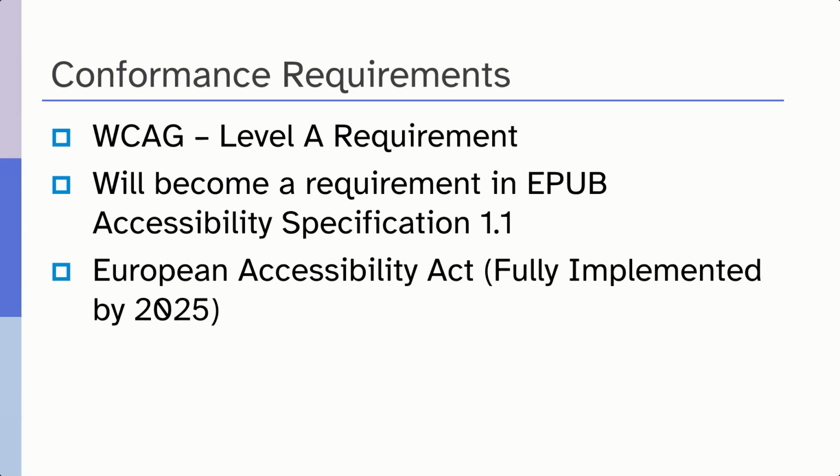And we also know that the European Accessibility Act, which is in the process of being put in place and will be fully implemented by 2025, will make this a requirement.